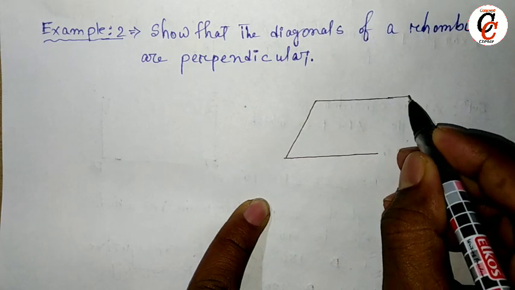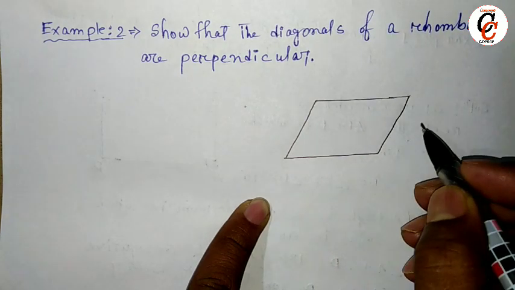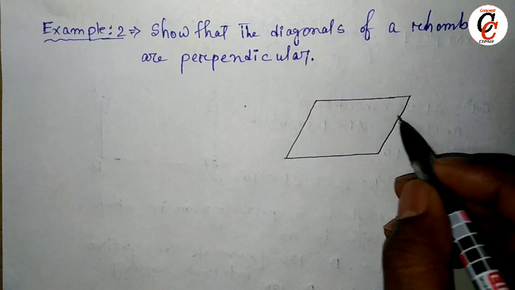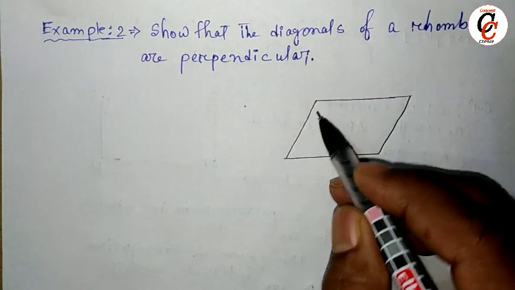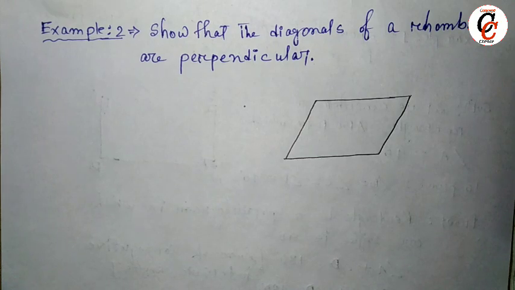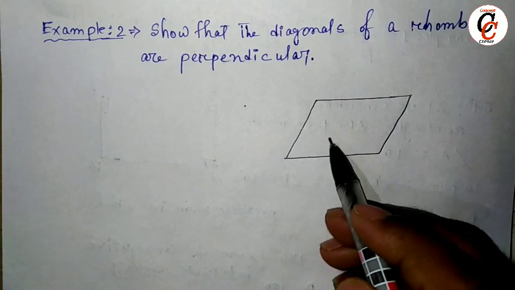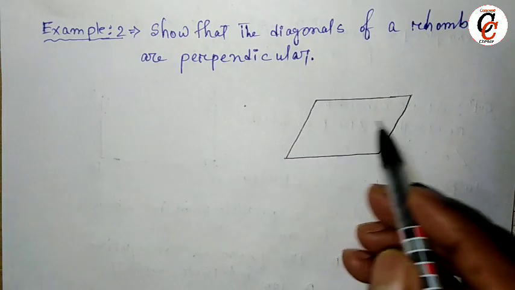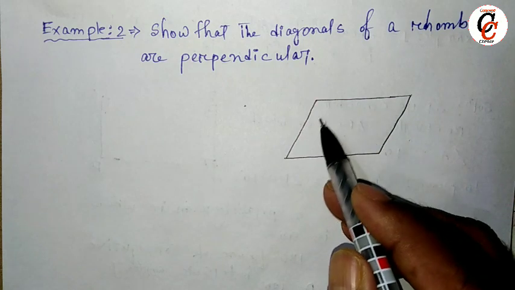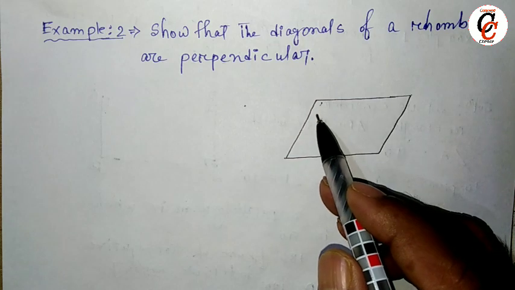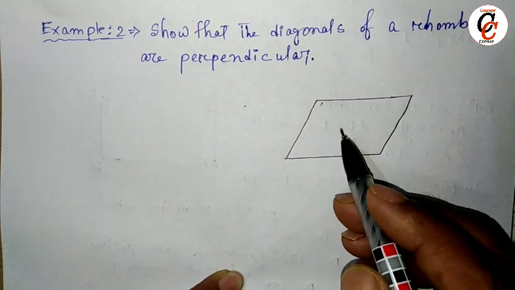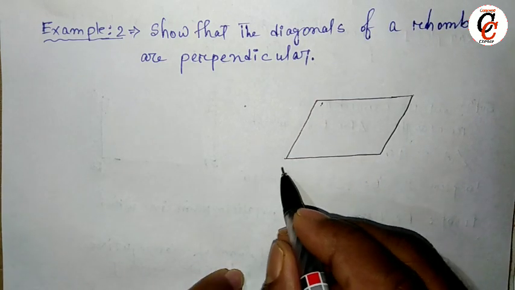A rhombus is a parallelogram in which all the sides are equal, but the angles need not be equal. All the sides are equal, that means opposite sides are parallel and equal, and all the angles are not necessarily equal.